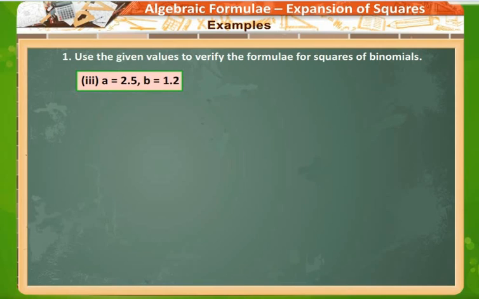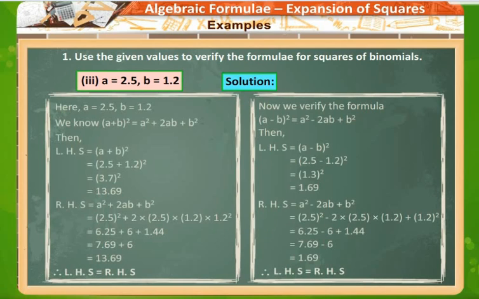Now same, a is equal to 2.5, b is equal to 1.2. Only thing, the values are now in decimal. You need to do the calculation keeping everything in mind. Multiply the squares properly and apply it to the formula. Now you can see here a is 2.5 and b is 1.2.